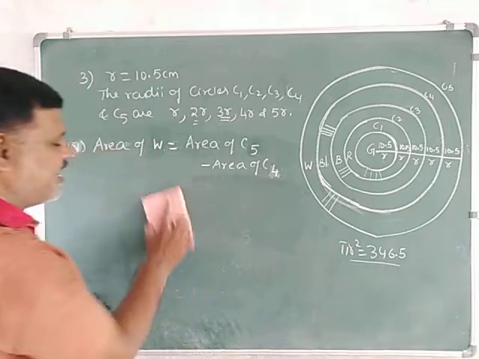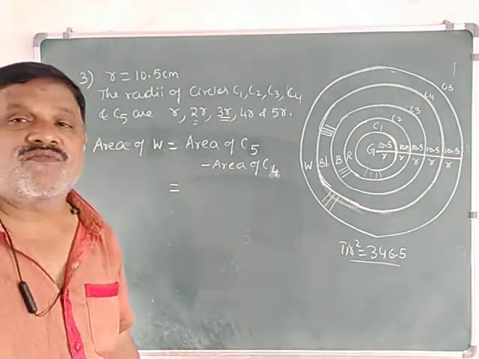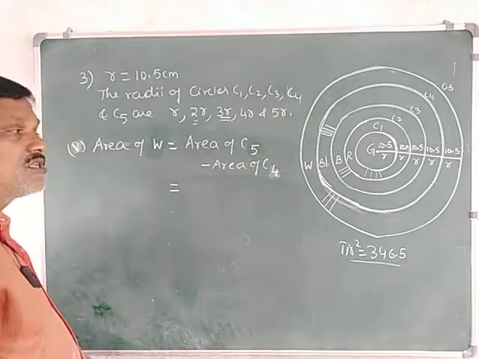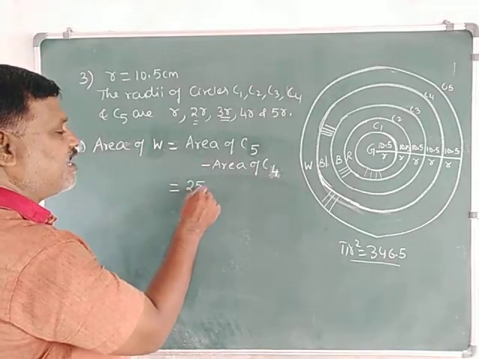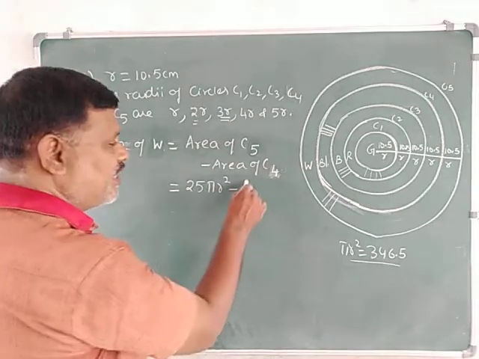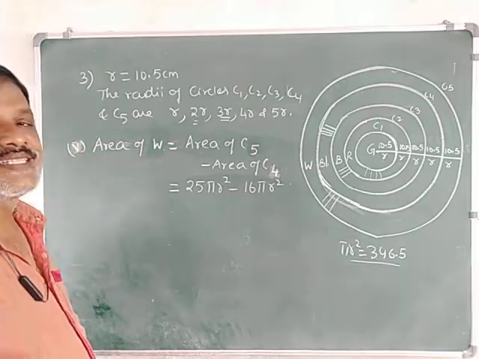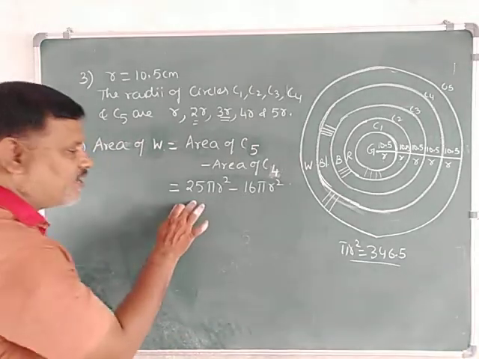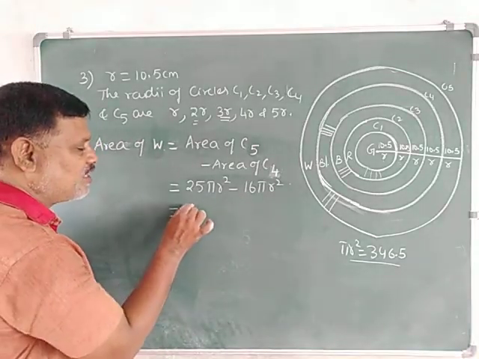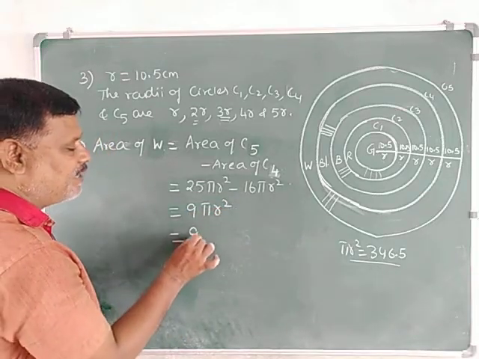The radius of circle C5 is 5r and the square of 5r is 25r square. Therefore the area will be 25 pi r square minus the C4 area, which we did in the previous problem, 16 pi r square. Now 25 pi r square minus 16 pi r square gives you 9 pi r square.